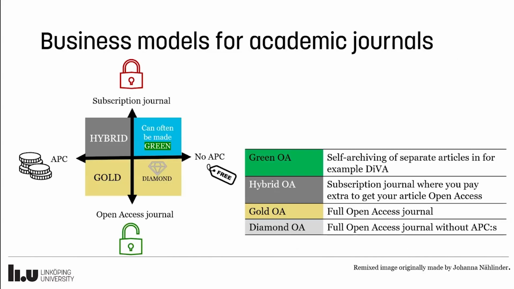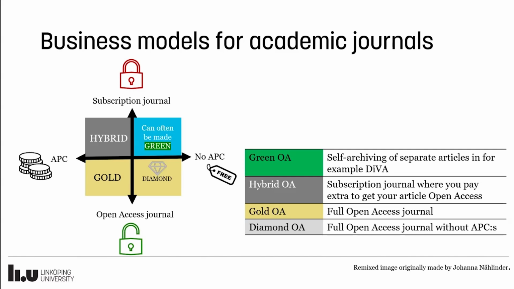The different business models for academic journals are very tightly tied to different types of open access. If you look at the figure here with the 4 quadrants, the top right quadrant is perhaps what people traditionally view as academic journals. So you pay to read science.